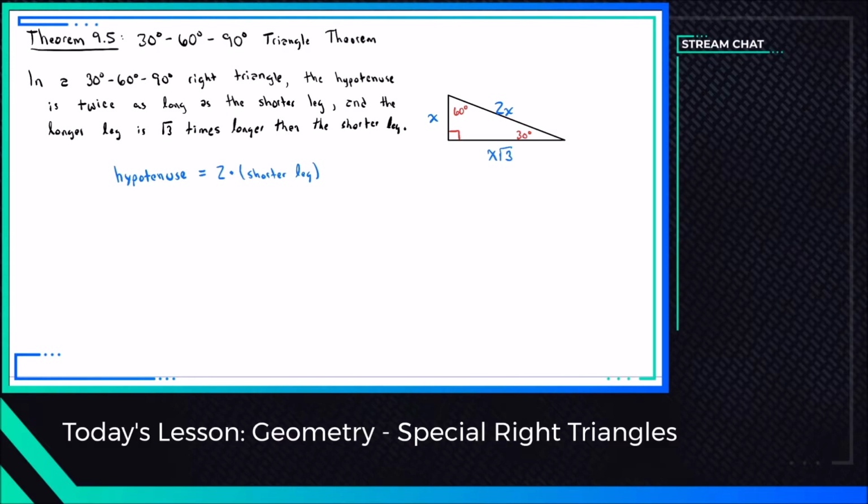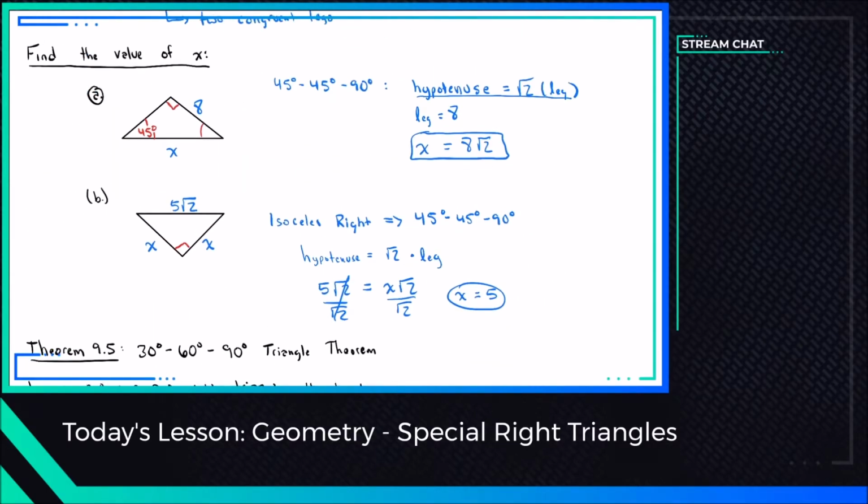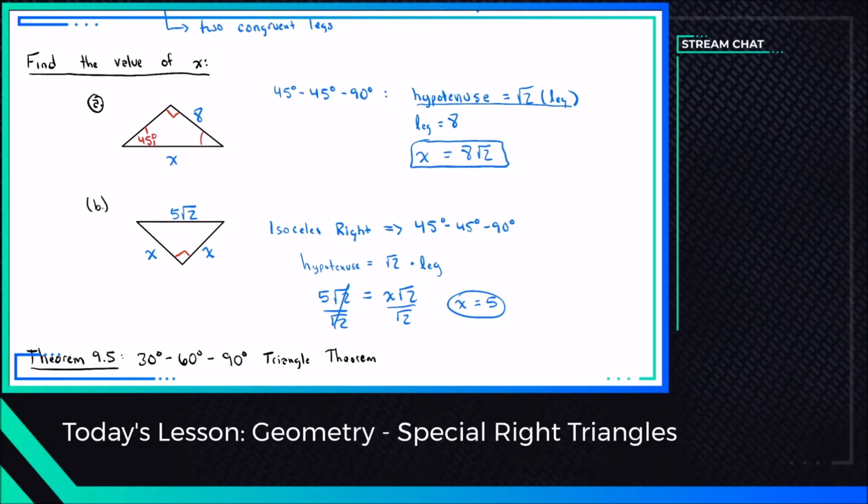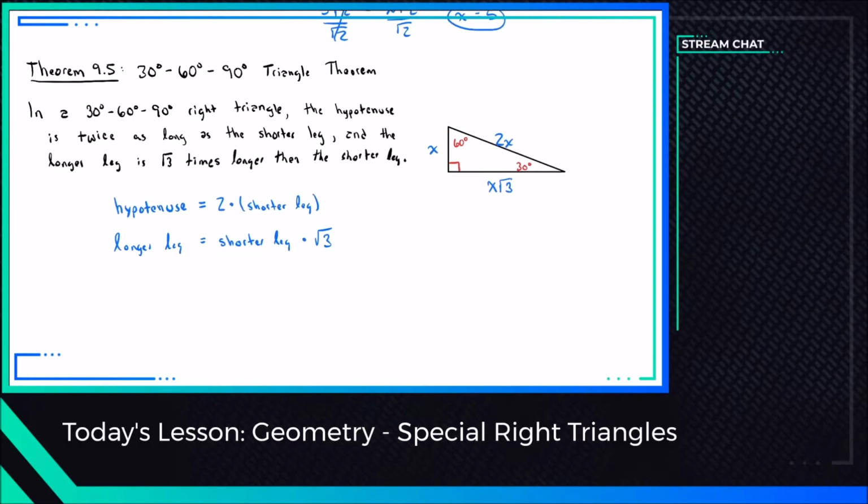And the longer leg is going to be equal to the shorter leg multiplied by the square root of 3. And so now, just like we were doing before on these 45, 45, 90 triangles where we were solving for all the sides, we can do that same thing for 30, 60, 90 right triangles. And the reason why these are special right triangles is that we don't need the Pythagorean theorem to solve for all the sides.